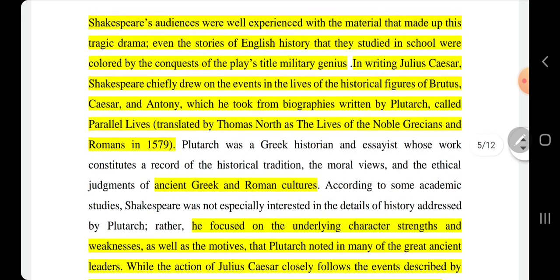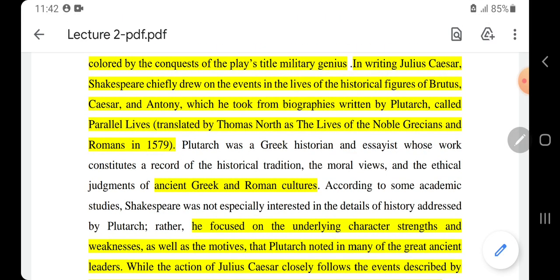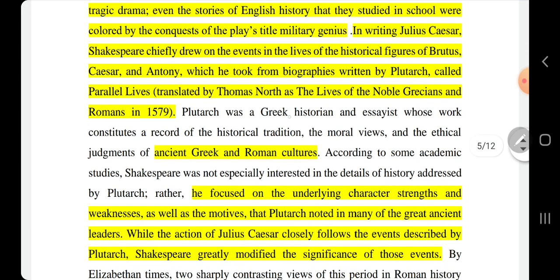So who was Plutarch? Plutarch was a Greek historian, and he worked to record the historical tradition, moral views, and the ethical judgments of ancient Greek and Roman cultures.